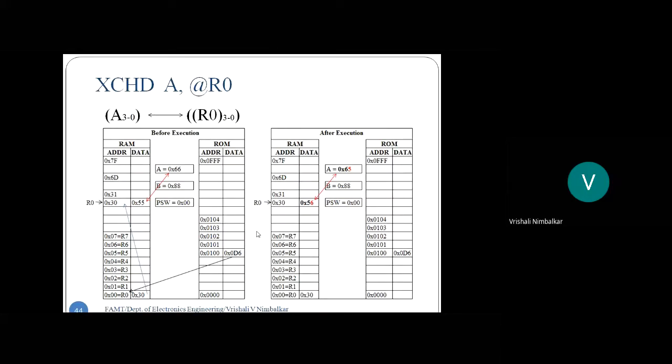Whenever you are dealing with BCD numbers, you have the categories packed BCD and unpacked BCD. If I say a 2-digit BCD number 76, 7 is one digit, 6 is another digit. So 76 is a 2-digit BCD number.